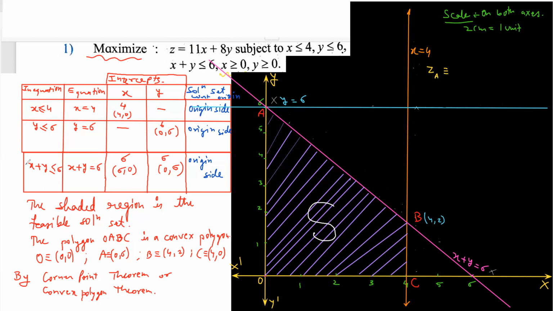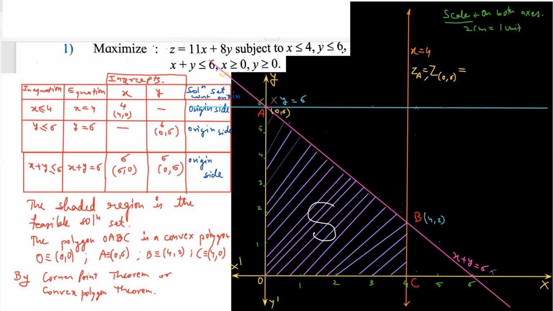Z at A is equal to Z at 0, 6, since the coordinates of A are 0, 6.